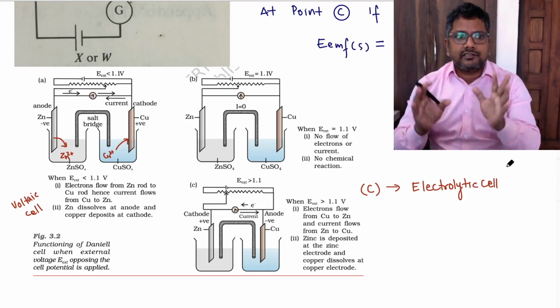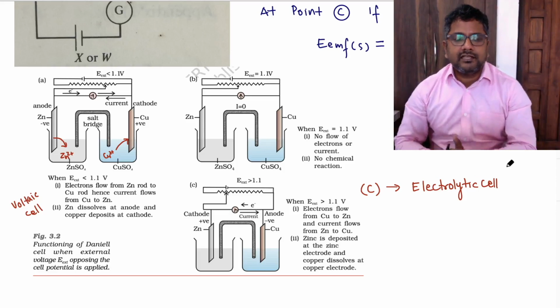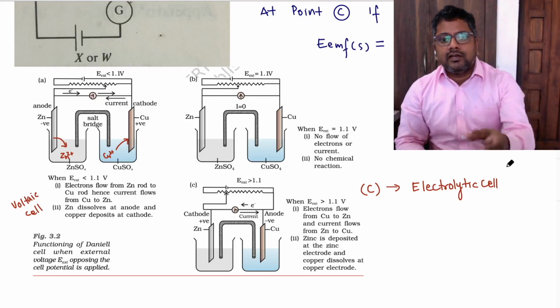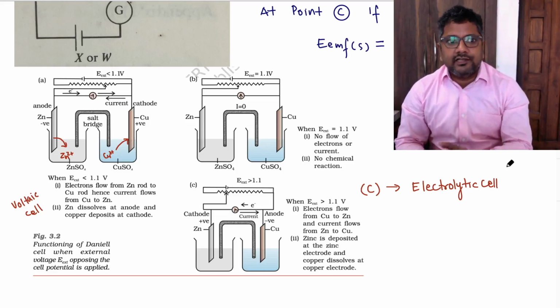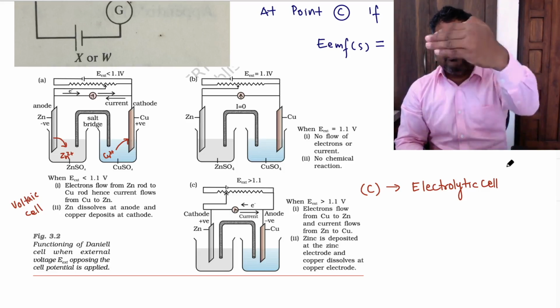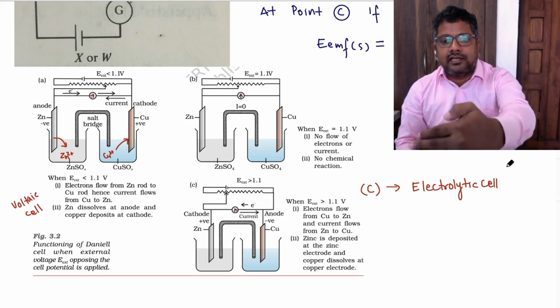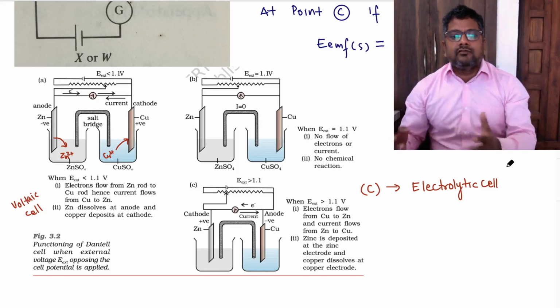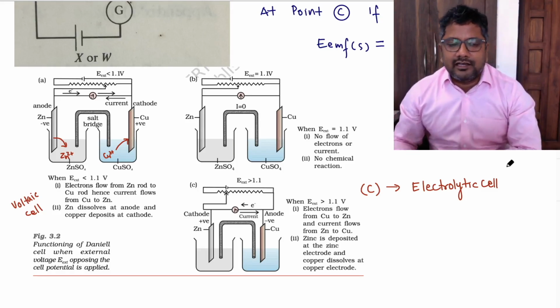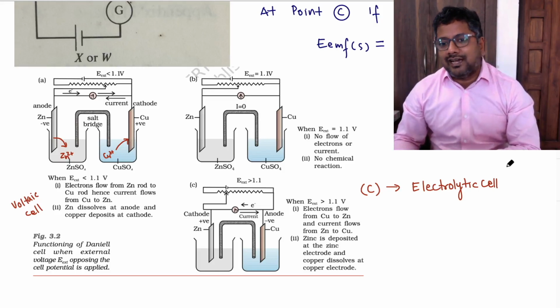The answer is yes. What is the method? You can connect this Daniell cell or your voltaic cell with an external battery, and the potential or EMF of the battery, E external, is more than the potential of your Daniell cell or voltaic cell. Then your cell acts as an electrolytic cell.